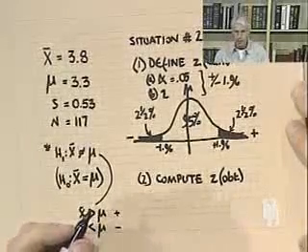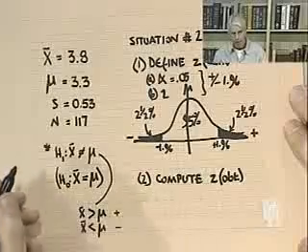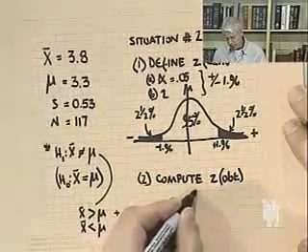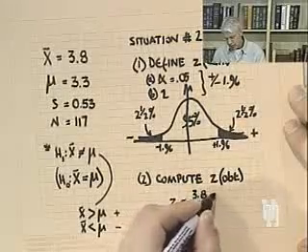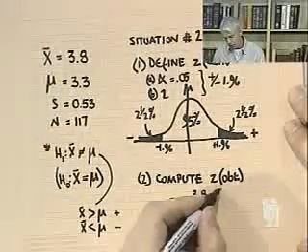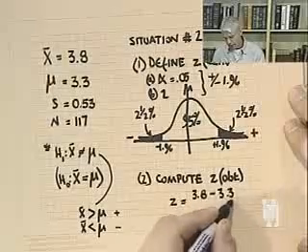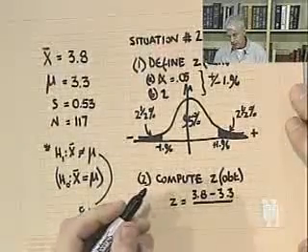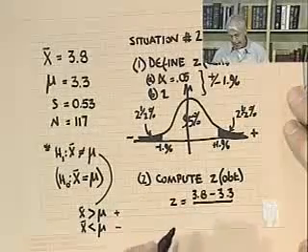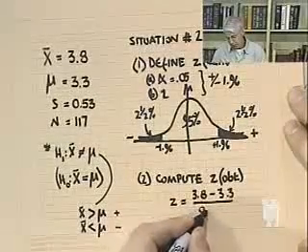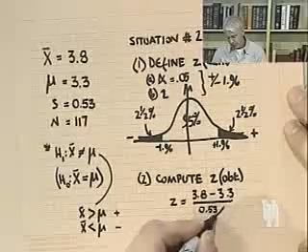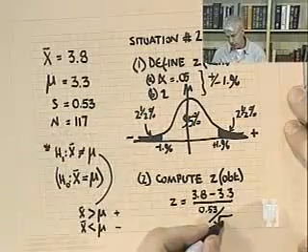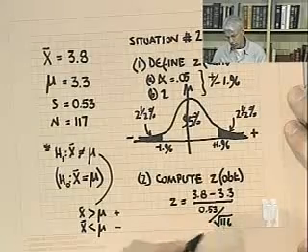X bar here is 3.8. So z equals 3.8 minus mu, which is 3.3, divided by s, which is 0.53, divided by the square root of n minus 1, which is 117 minus 1, which is 116.